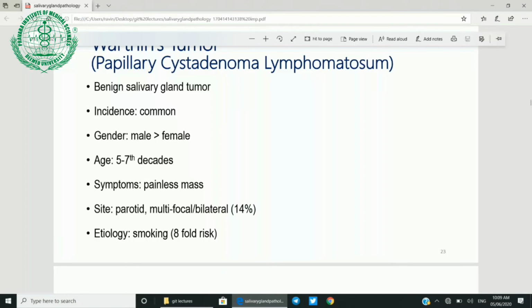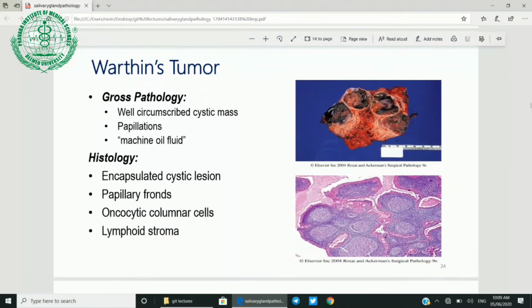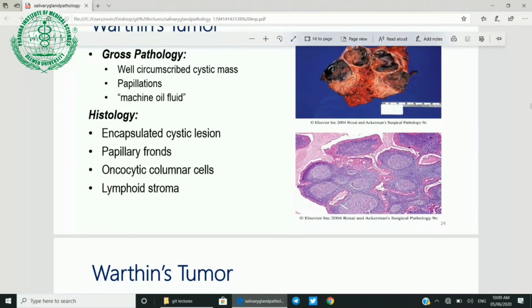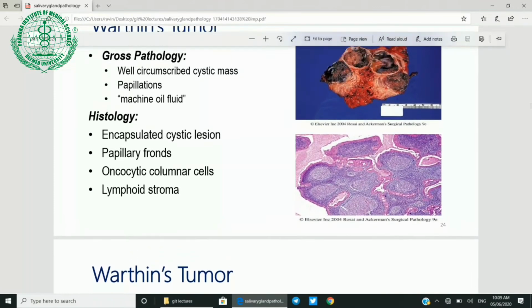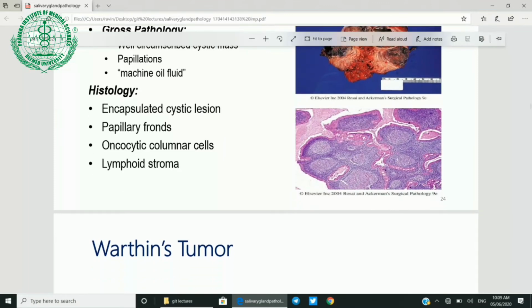Painless mass, site again parotid, can be multifocal, and somehow Warthin's has an 8-fold risk of occurring in smokers. Grossly a well circumscribed cystic mass, there will be papillations, and you can get this machine oil type of secretions.